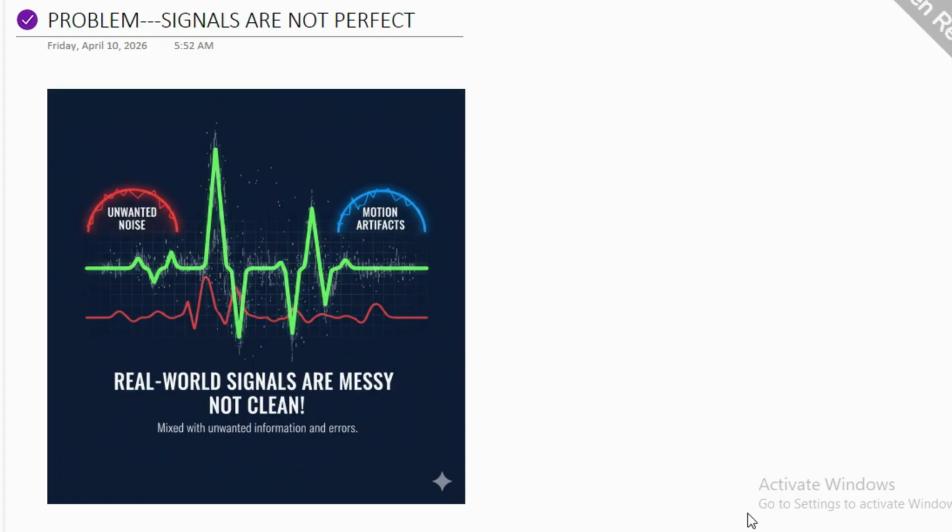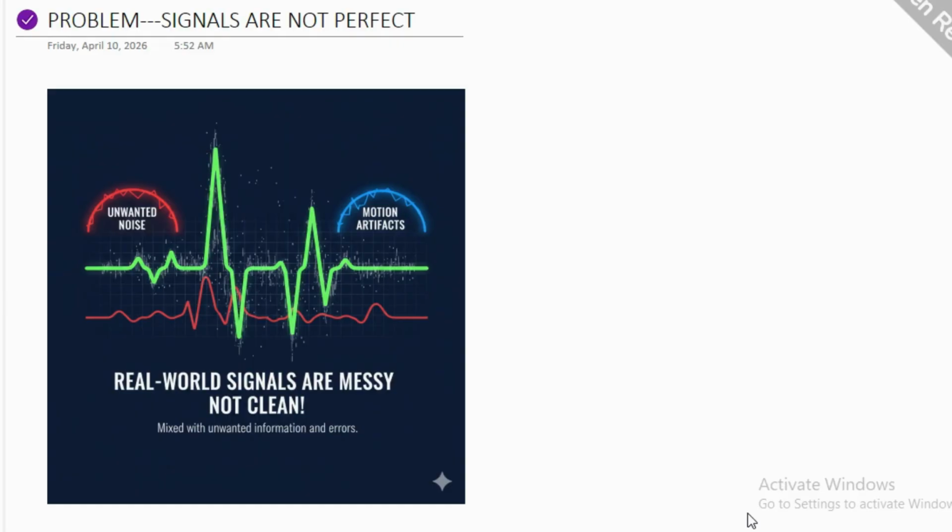Think of this problem like this: imagine you are talking to your friend on a phone call and suddenly the network becomes weak. You hear noise, the voice breaks, and you cannot understand properly. Now think, is your friend speaking wrong? No, of course not. The problem is in the signal transmission. Exactly the same thing happens with biosignals.